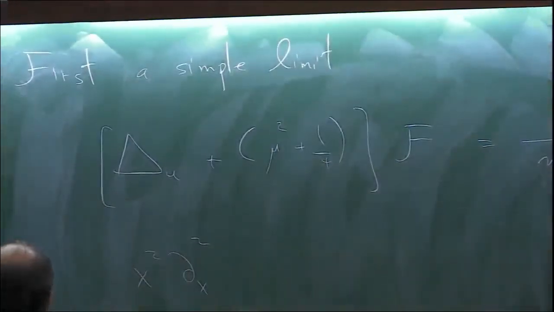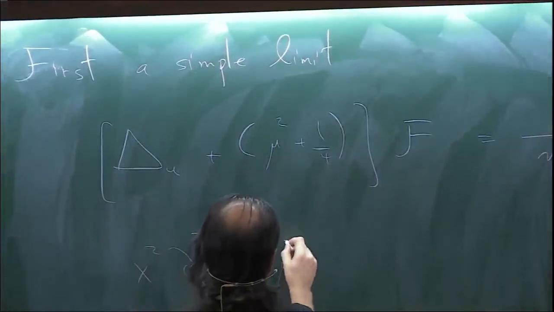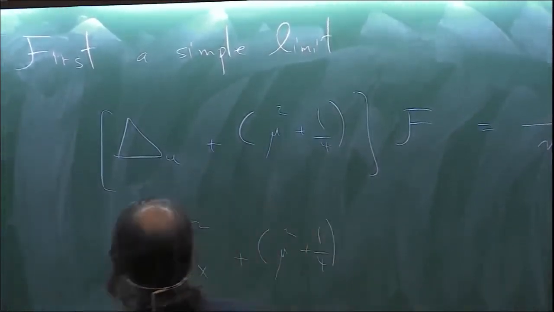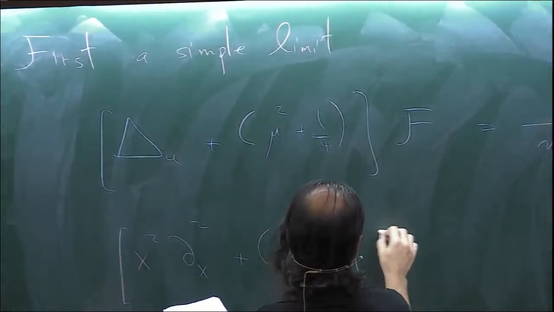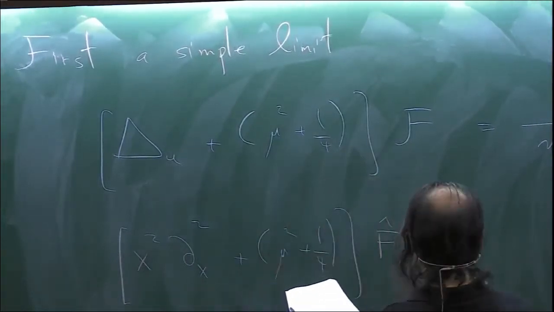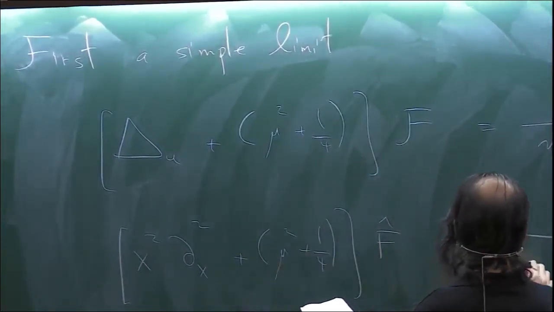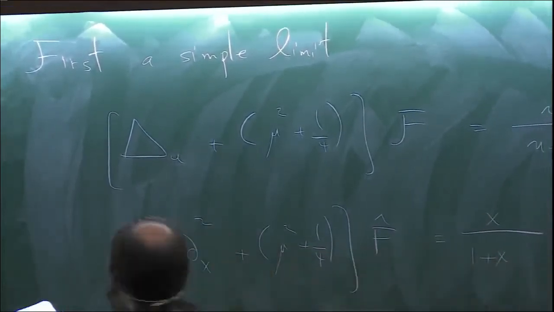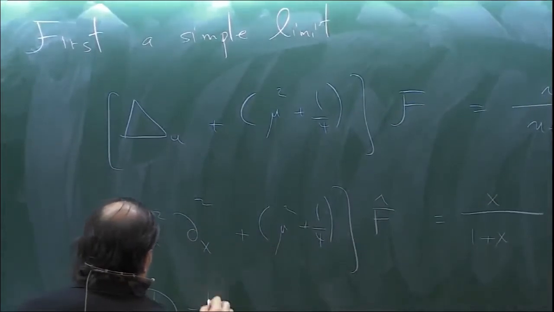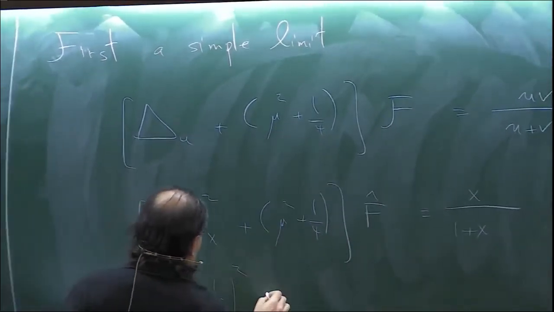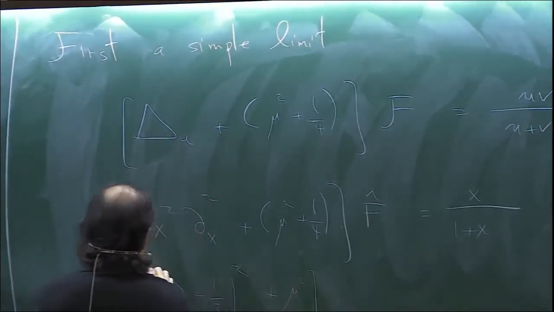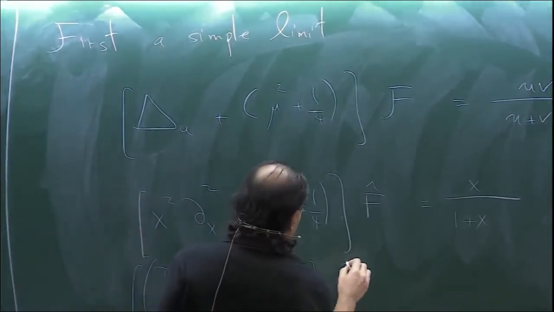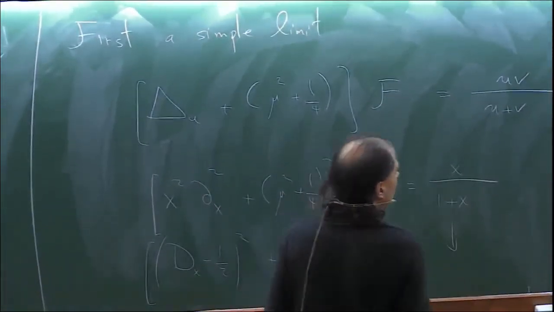And then in this limit, the differential equation just becomes x squared dx squared plus mu squared plus a quarter acting on f hat is equal to x over 1 plus x. Once again, this is just dx minus a half squared plus mu squared, f hat equals the same thing.